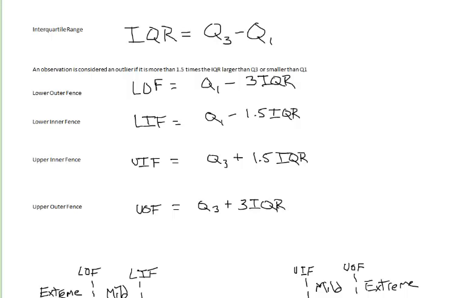So if you're more than 1.5 times the IQR greater than Q3 or less than Q1, we're going to consider that number an outlier. Since some teachers distinguish between mild outliers and extreme outliers, I've set up the formulas for all of them. And when it says lower outer fence, that's just a way for us to put it into a number line.